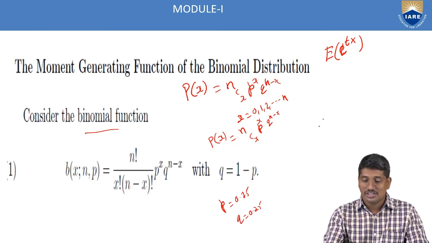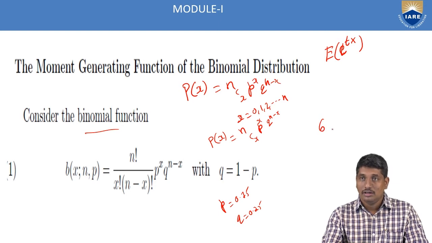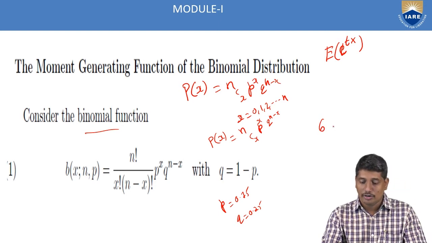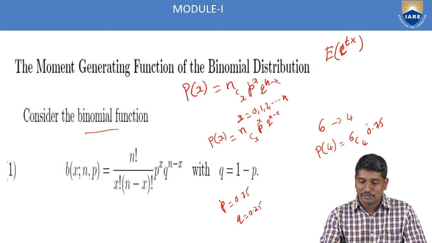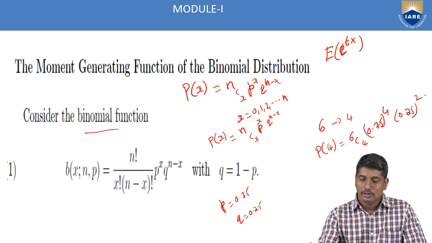Now you are given 6 chances. To qualify for the next round, you have to hit the stumps at least 4 times. Then your probability of hitting at least 4 times is 6C4 times 0.75 to the power 4 times 0.25 to the power 6 minus 4.